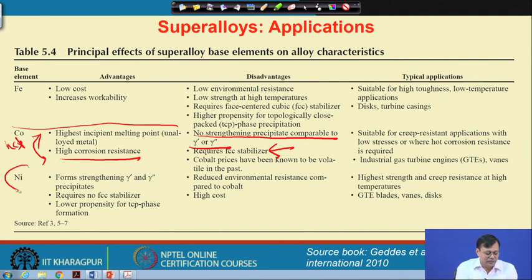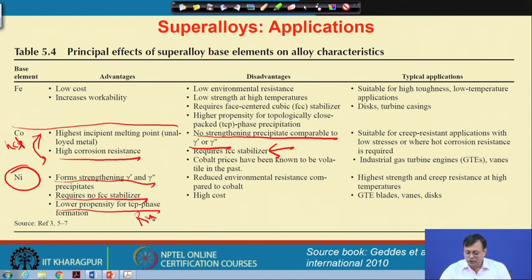Okay. In case of nickel superalloys, which we have discussed here, this basically forms these gamma prime phases or sometimes gamma double prime phases, and there is no requirement of the FCC stabilizer, and there is always a lower propensity of the TCP phases, which is avoided by some ruthenium and other elements. So, there are large application areas in gas turbine engine vanes and, let us say, blades, where there is no other superalloy which can compete with the nickel based superalloys.